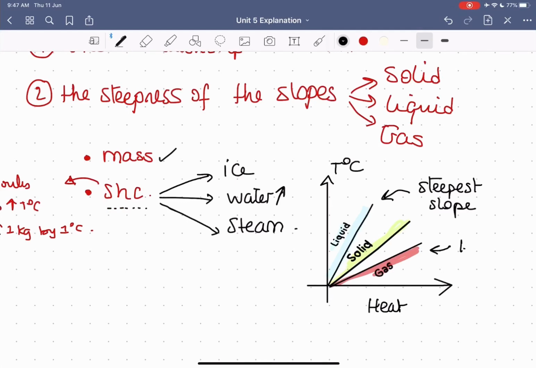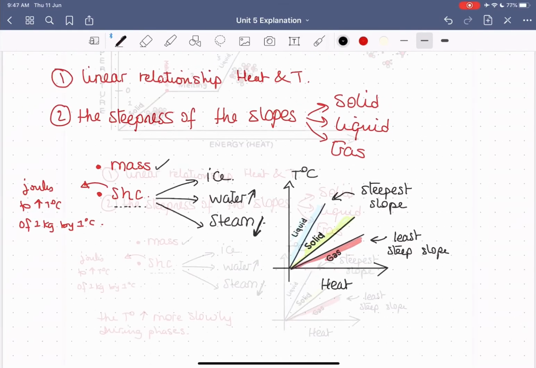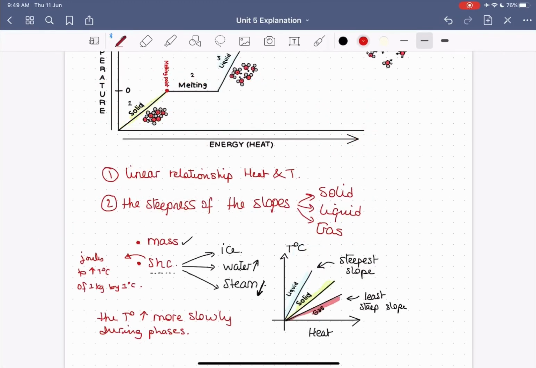Gas has the least steep slope, which means that steam has, among all three, the least specific heat capacity. So the temperature increases more slowly during some phases. It increases the slowest during liquid. It increases the fastest during gas. And that's due to how ice, water, and steam each have a different specific heat capacity.